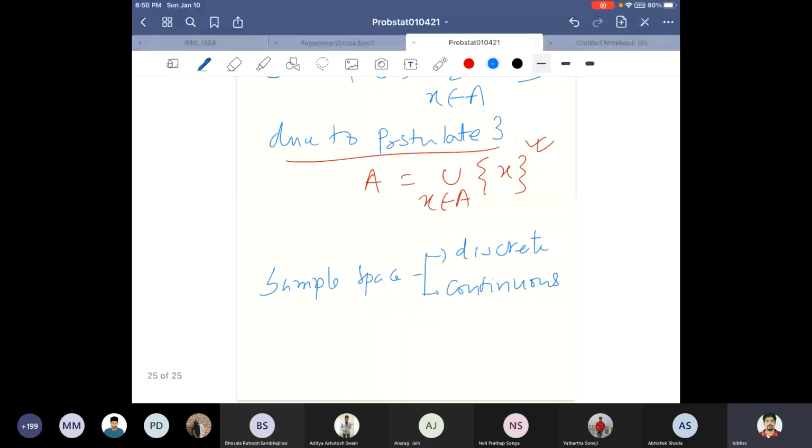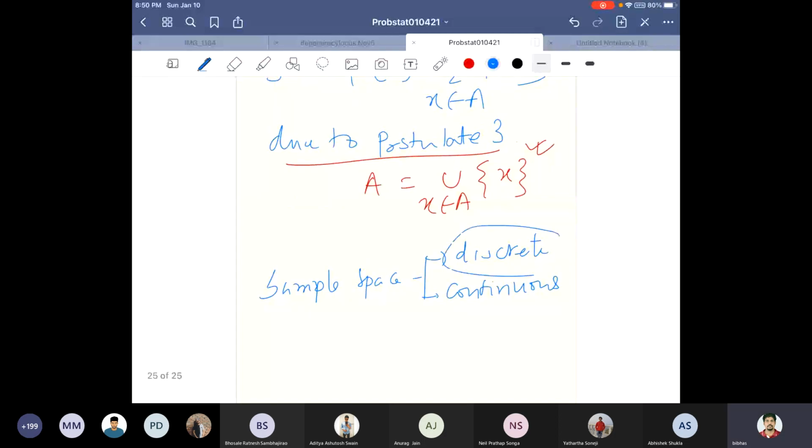By discrete, what we mean is that S is countable. S is the sample space here. By countable we mean S is either finite or countably infinite, and if it is not, that means it is uncountably infinite, then it is called continuous. S is uncountable.